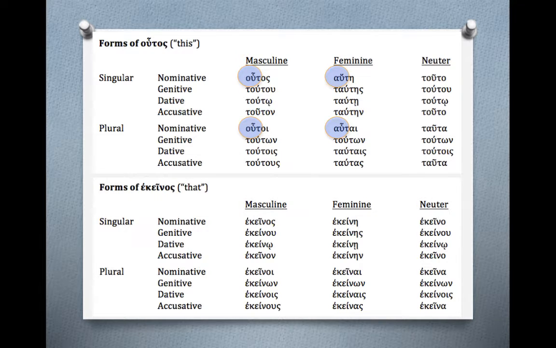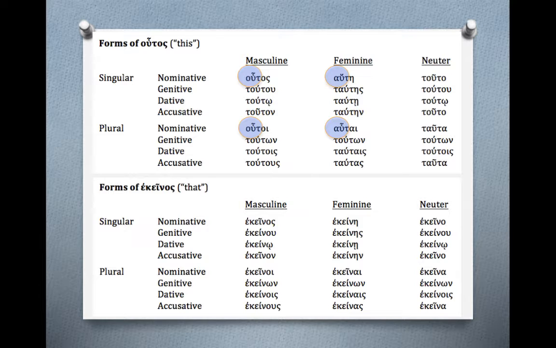You've got houtos and haute up in the singular nominative row, and then in the plural we've got houtoi and hautai. These start with a rough breathing and a circumflex, and they look a lot like the personal pronouns, don't they? Do you remember the personal pronoun autos? They're really close. The only difference, in the feminine at least, is the rough breathing, because they actually have the same letters as the personal pronoun.